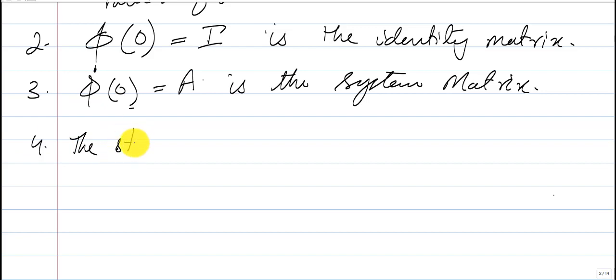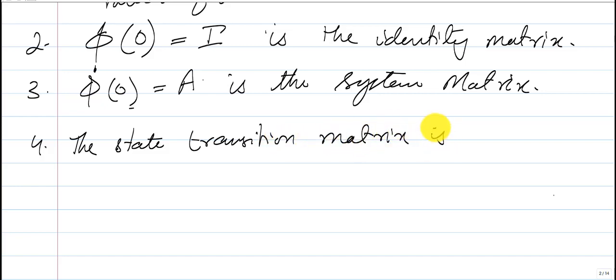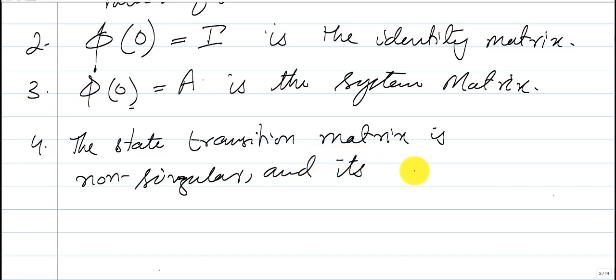The state transition matrix is non-singular and its inverse exists for all t.